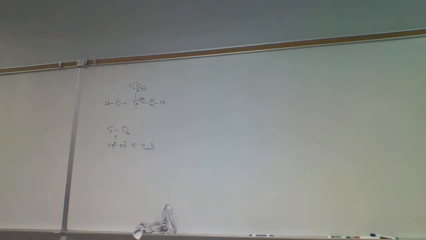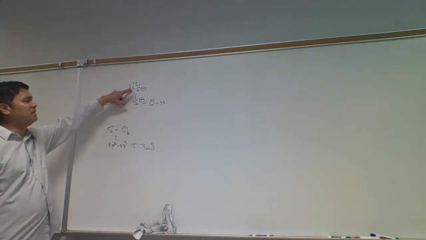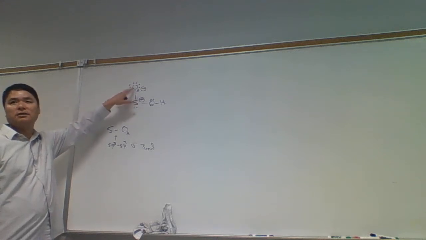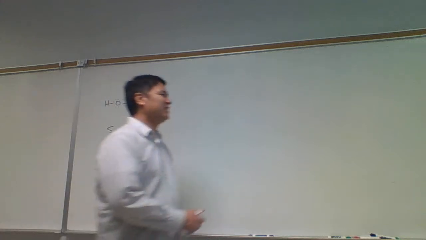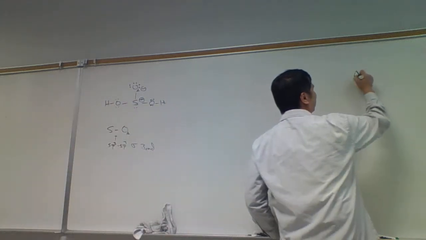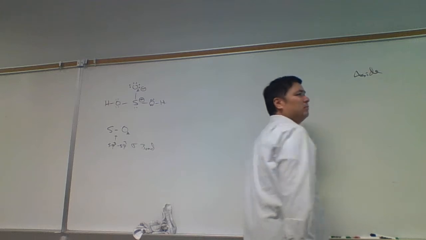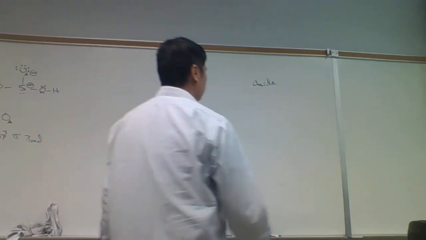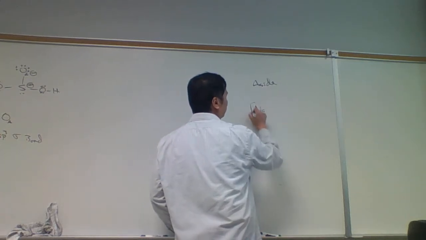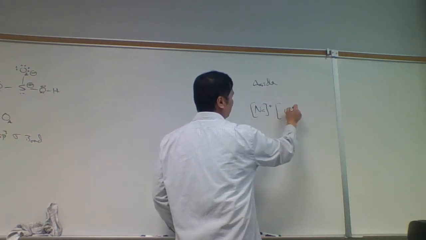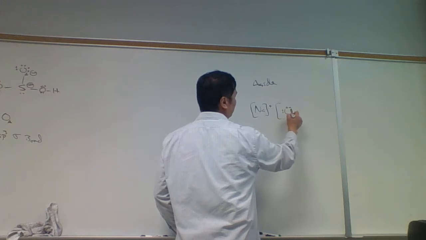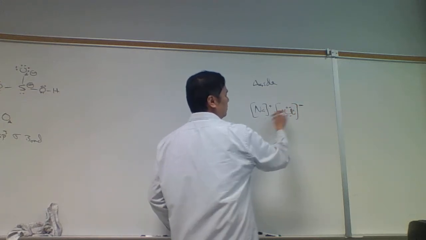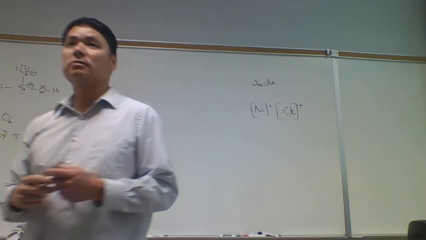But when we have a charge like this, negative and positive, you know what that looks like? We've seen that before. So for example, let me do this quick aside here. If I did the sodium chloride Lewis structure, it looks quite a bit different because it has ionic bonding. And so we have the sodium ion and the chloride ion. And the ionic bond is the attraction between the oppositely charged atoms, right?